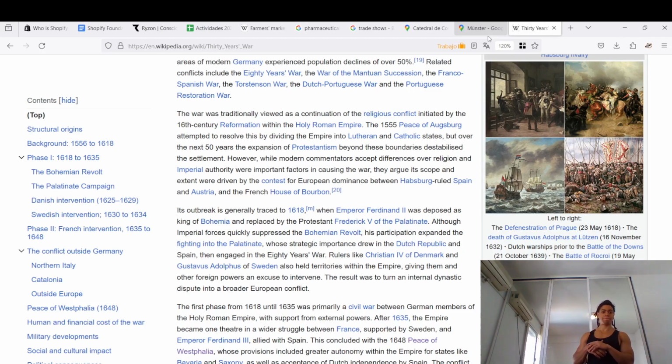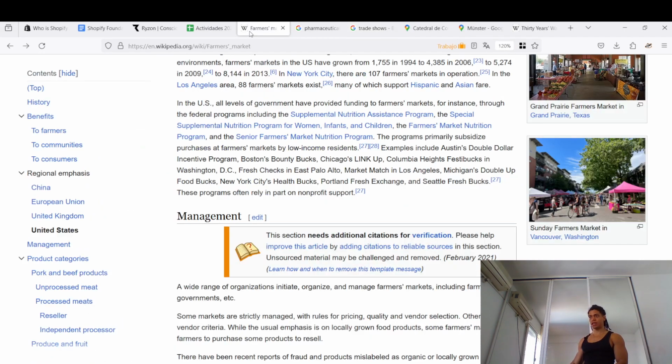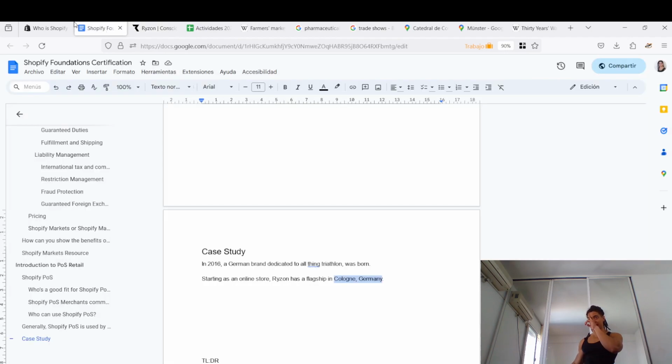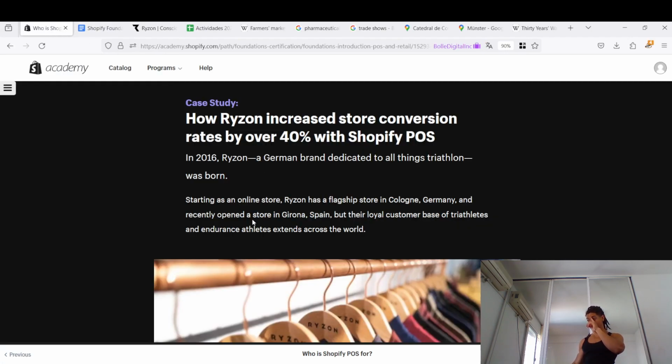There's a city called Cologne, where in 2016 a German brand called Ryzen, dedicated to all things triathlon, was born. So Ryzen has a flagship store in Cologne.